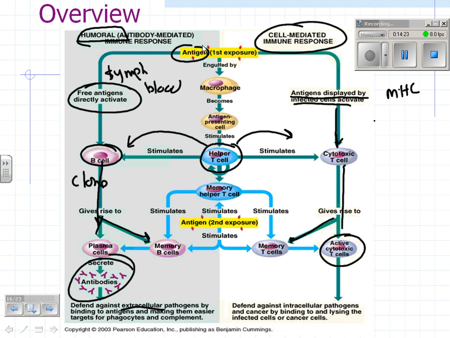So there are 3 kinds of cells in acquired immunity: helper T, cytotoxic T, and B cells. Notice, helper T cells recognize, again, an antigen-presenting cell.